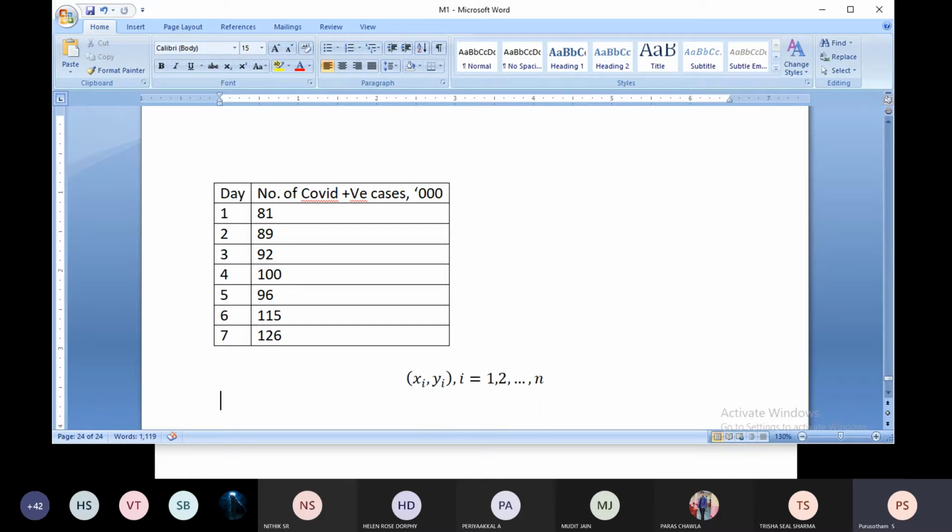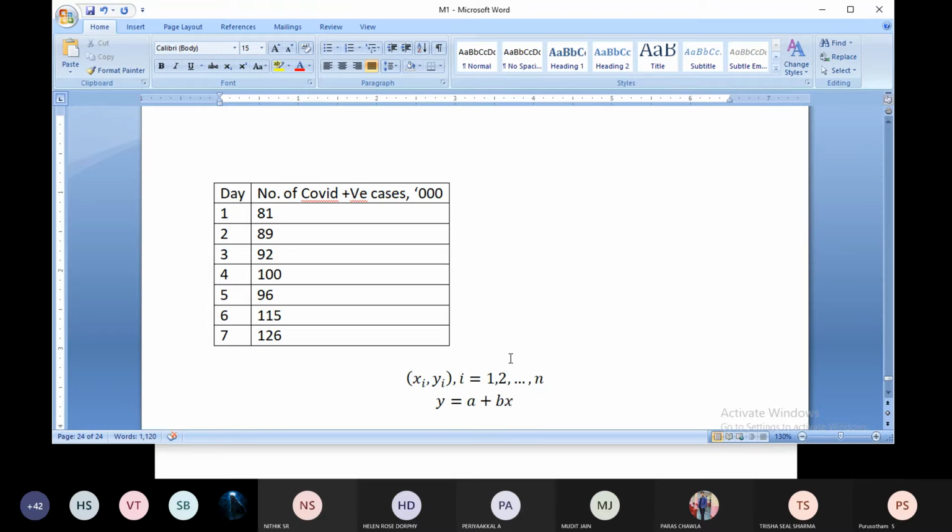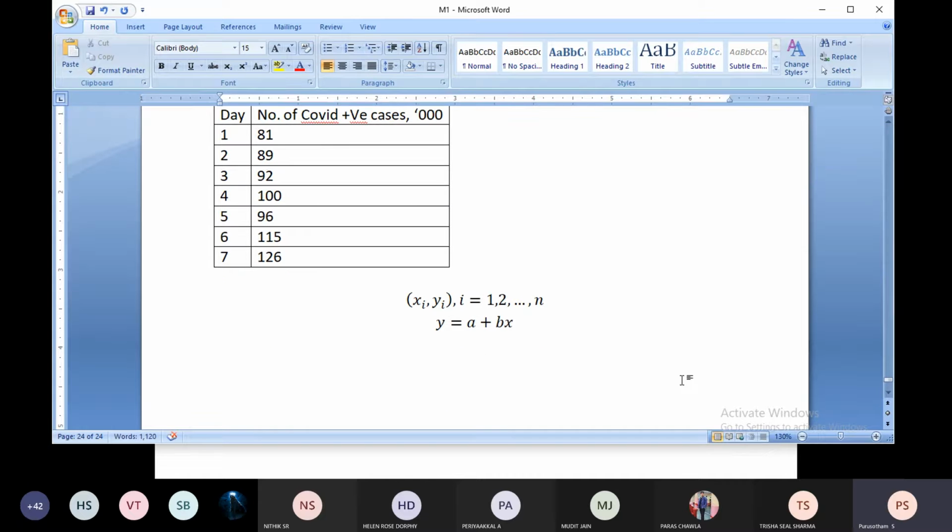Then if you are going to assume the relationship something like y is equal to a plus bx, the residual error is the error that is the difference between the true yi and the predicted yi.